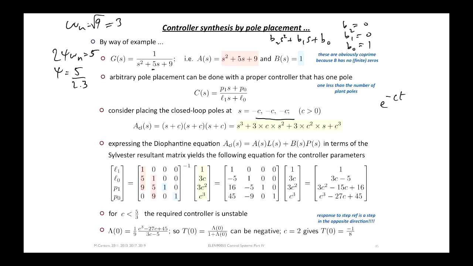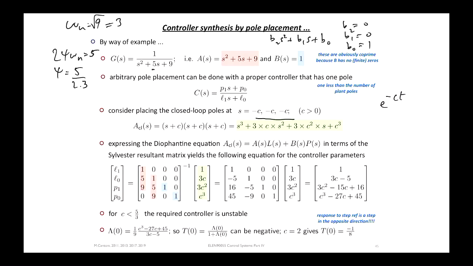Okay? So we want the Sylvester matrix times the unknowns to equal the coefficients of this specified polynomial, which we've listed down here. So the unknowns will be the inverse of the Sylvester matrix times that vector. This is what the inverse of this matrix looks like.